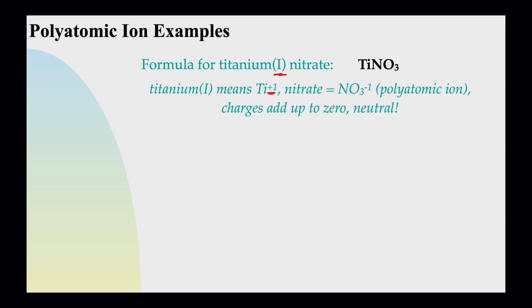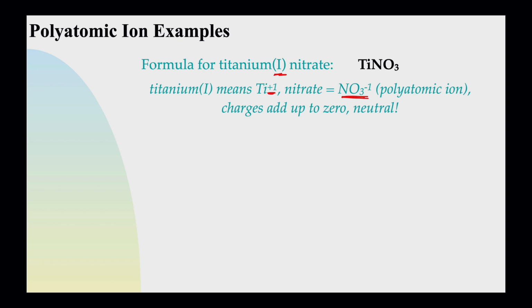Now nitrate is one of the polyatomic ions. It's not an element turned into an -IDE. Nitrate, if you look on that list, is NO3 with a -1 charge. So a nitrogen, 3 oxygens, and that whole thing has a -1 charge. But once you know that, then it's the same game. Balance the charges, make them neutral. One +1 titanium to one -1 nitrate, TiNO3.